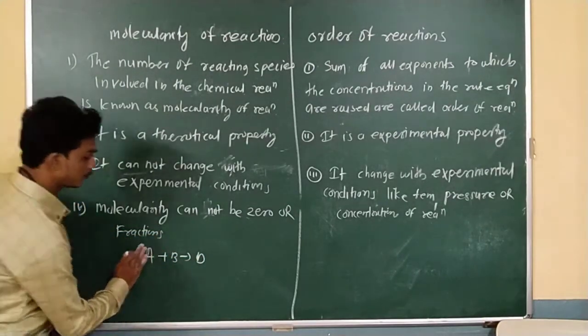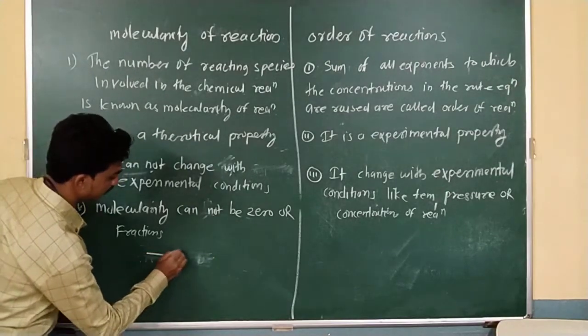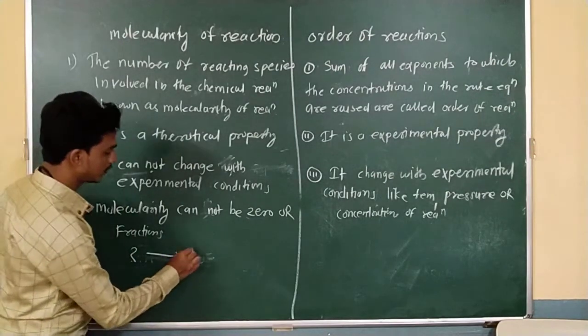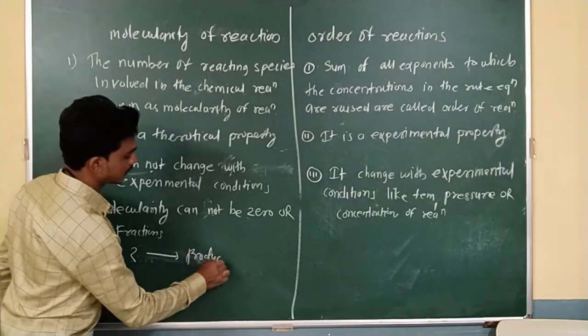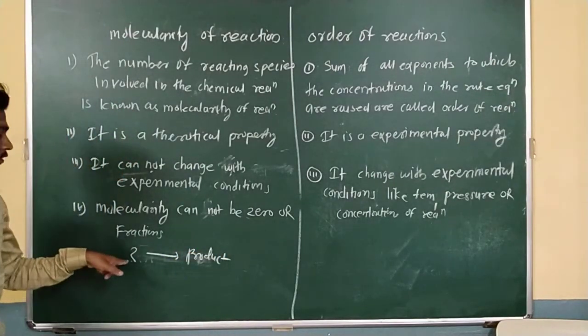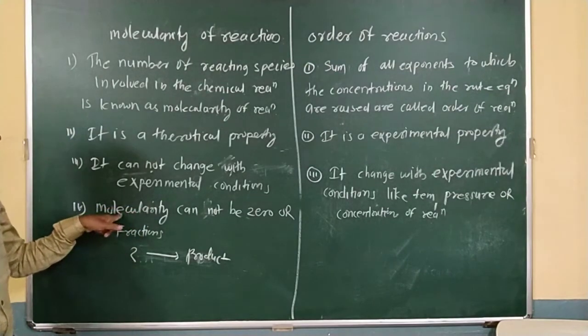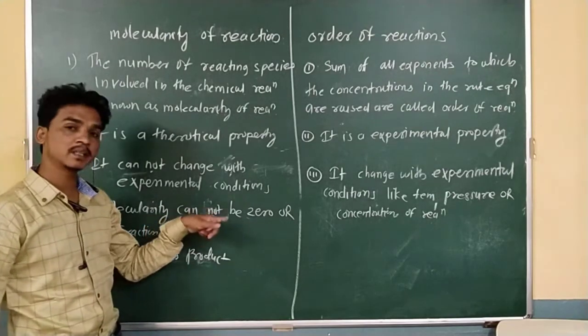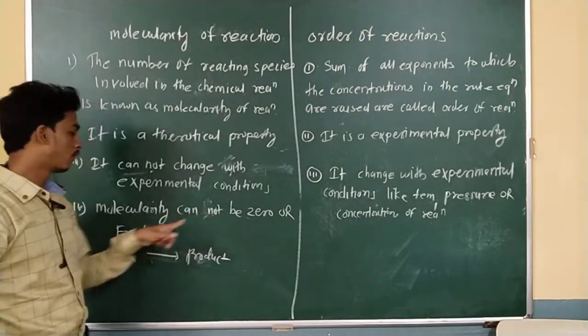But you have not observed a reaction where no reactant molecule is present and you simply get the product. You have not observed such a type of reaction, and that's why we can say the molecularity of any chemical reaction cannot be zero or fractions.